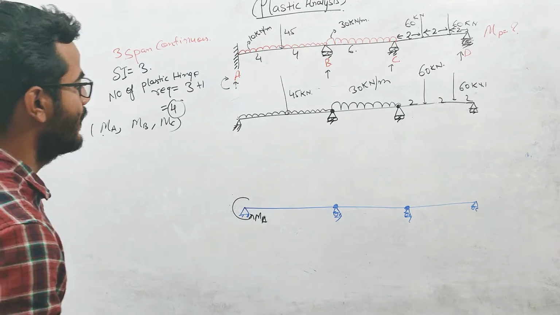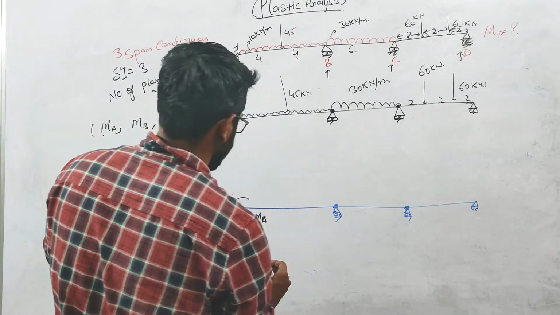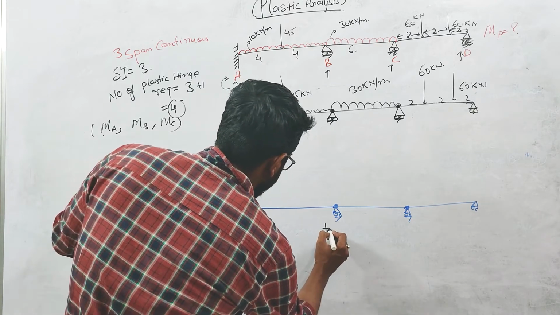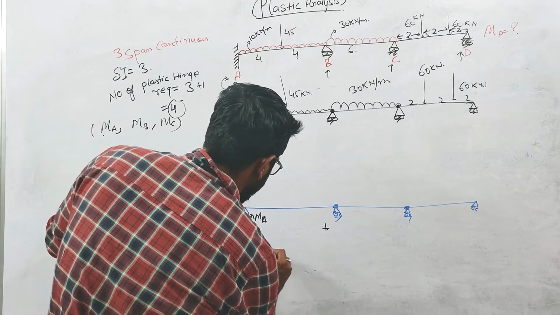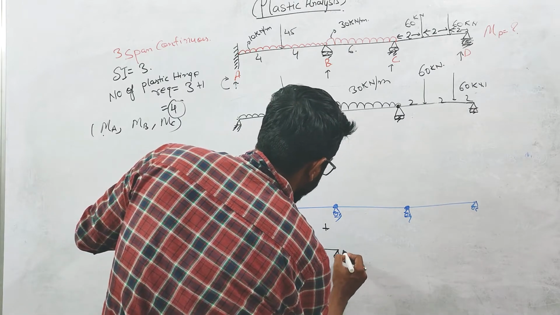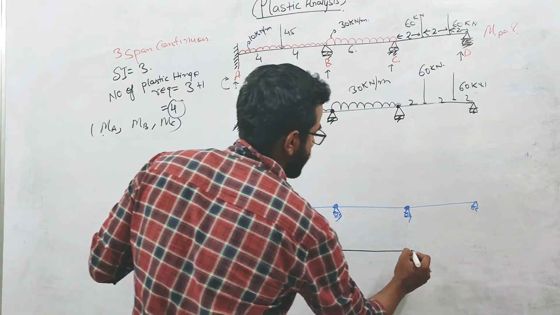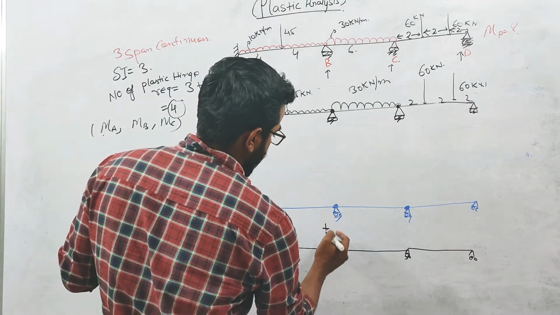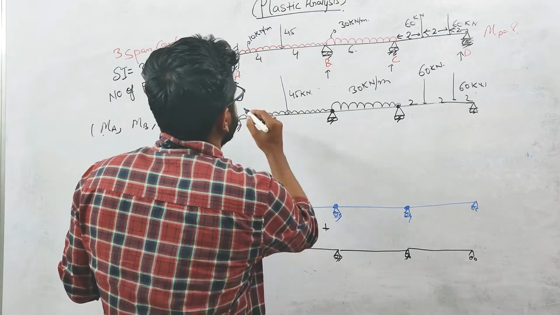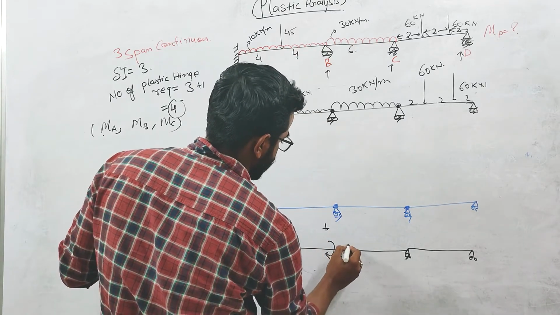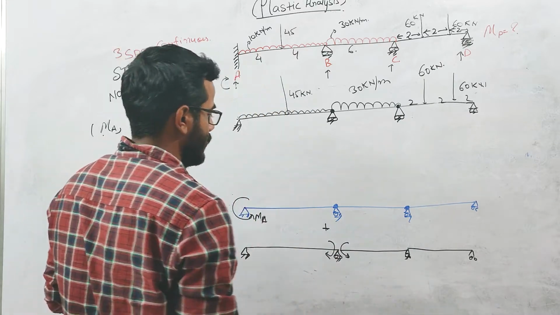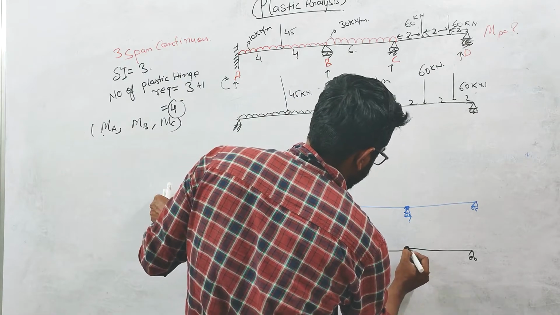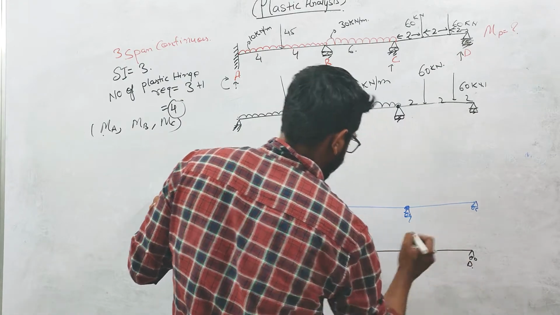Similarly, for this MB, we will be applying the redundant force like this. This is A, this is B, there is an internal hinge at this point C, and this is D.